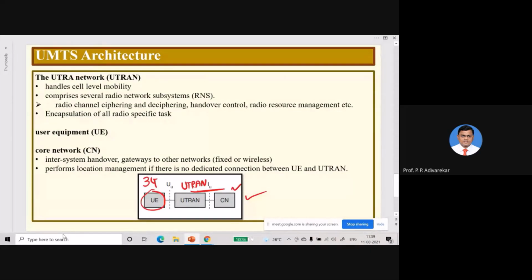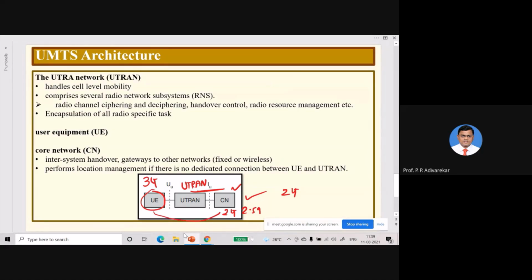For example, if you have bought a 3G mobile, you should be able to communicate with a 2G mobile also, and the 2G network as well. So the core network supports 2G, maybe 2.5G, like that.